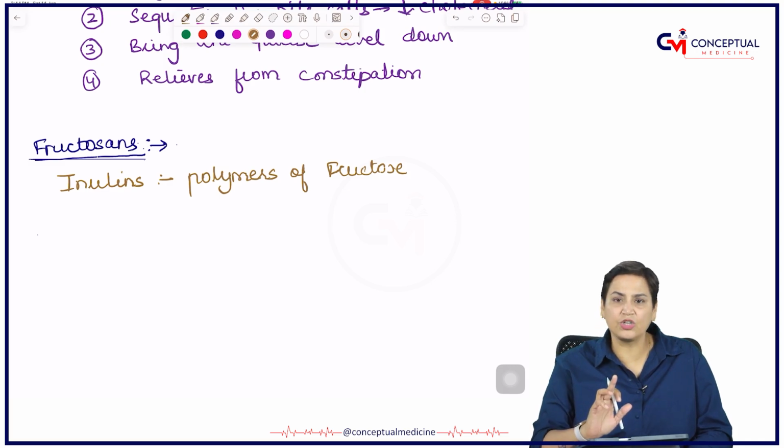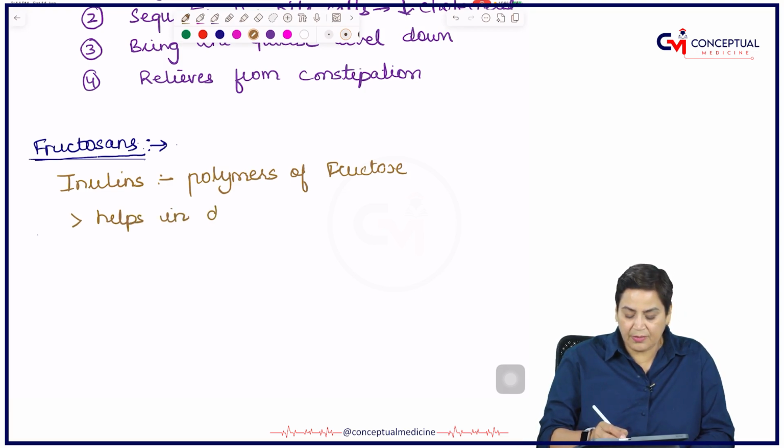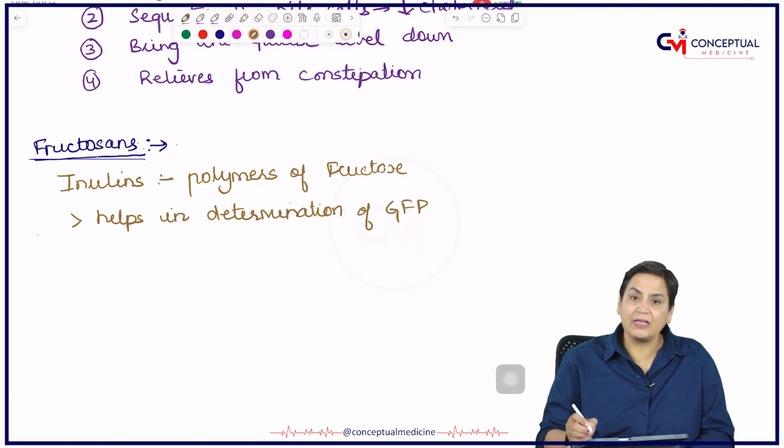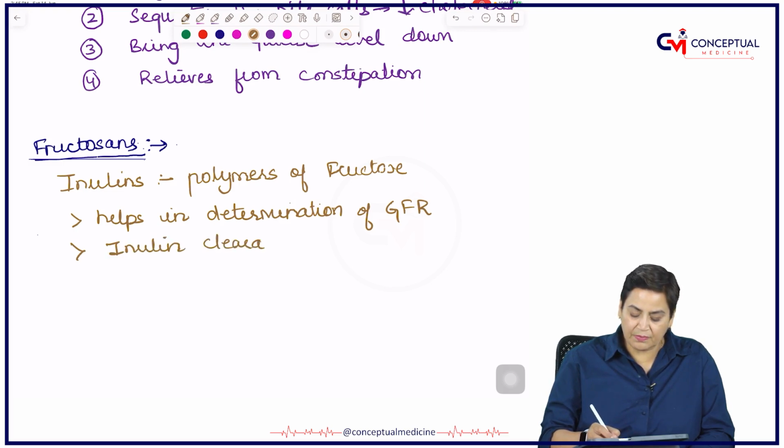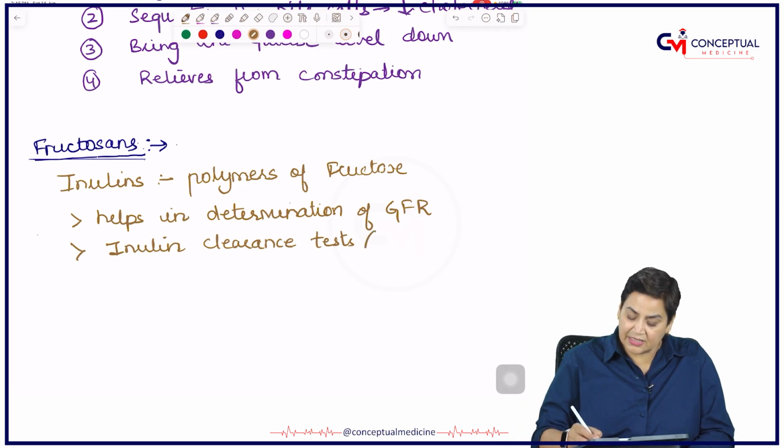There is only one function of inulins, that it helps in determination of GFR, the glomerular filtration rate. Very important. And the name of the test is the inulin clearance test. Nowadays it has become obsolete, because there are other sensitive tests, like the creatinine clearance test for RFTs. So inulin clearance test is for renal function tests.